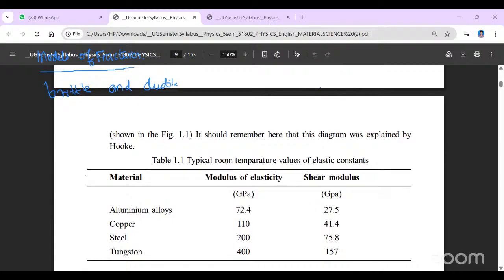Then we have another one, that is ductile fracture. This fracture occurs after extensive plastic deformation and during the propagation of the crack. The main important step involved in ductile fracture is the formation of minute cavities in the neck region.